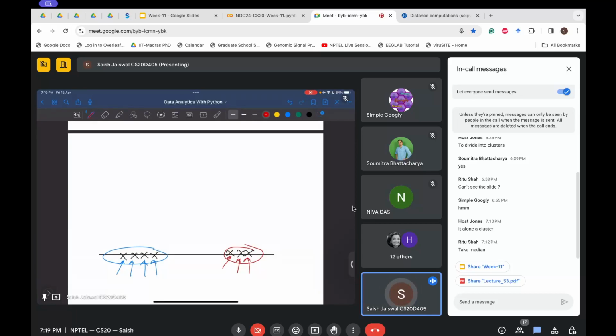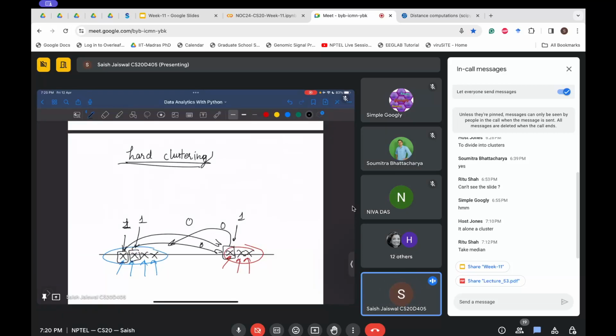So it can be 0 or 1. It's like hard clustering. So you do a hard assignment of the data point. This data point belongs to the blue cluster with probability 1 and to the red cluster with probability 0. Similarly, this data point belongs to this cluster with probability 1 and to this cluster with probability 0, and so on. So this is the hard way of doing clustering.